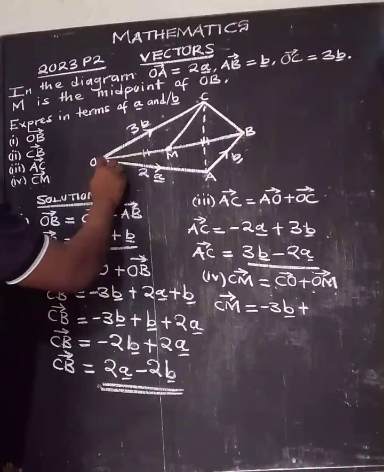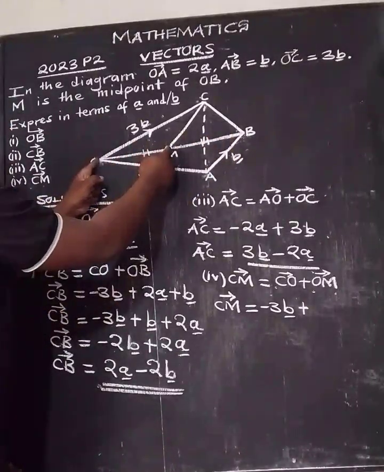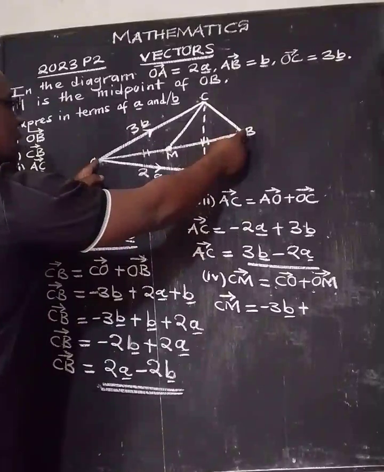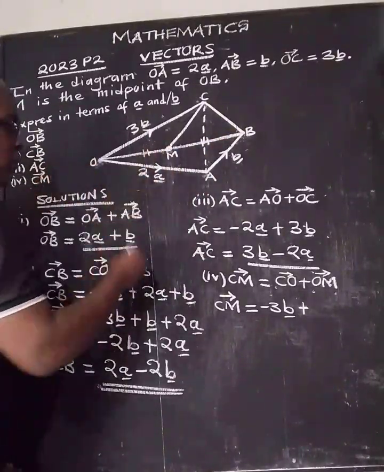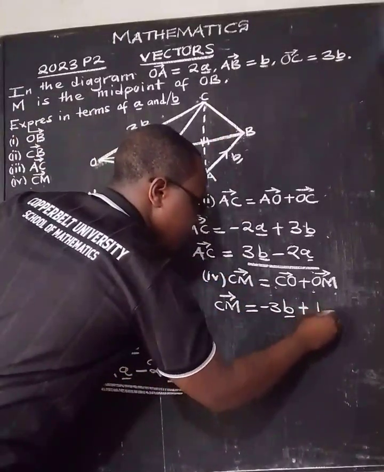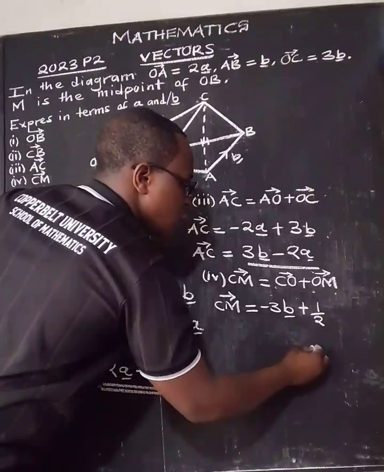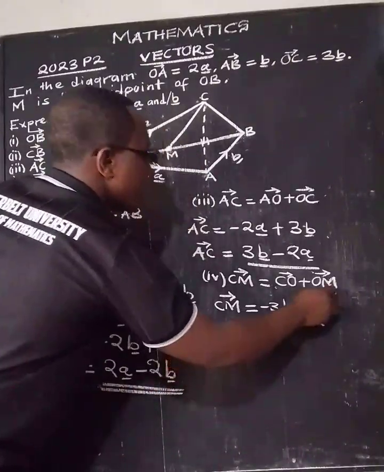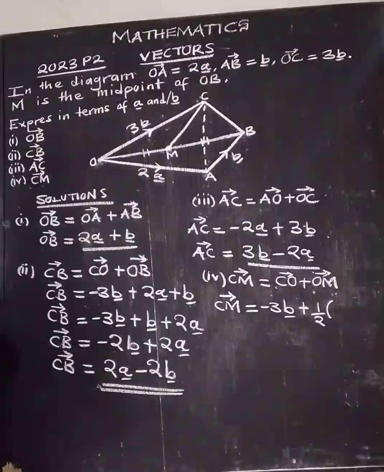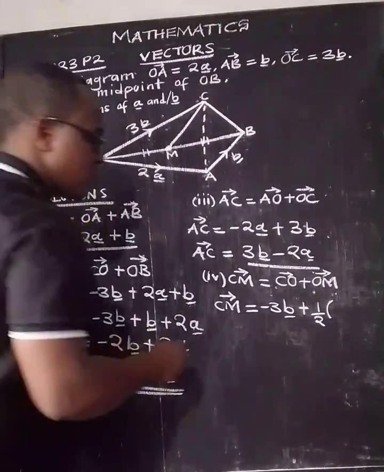OM is half of OB. OM, this is half of this distance. So OM is half, 1 over 2 of OB. Okay, 1 over 2 of OB.